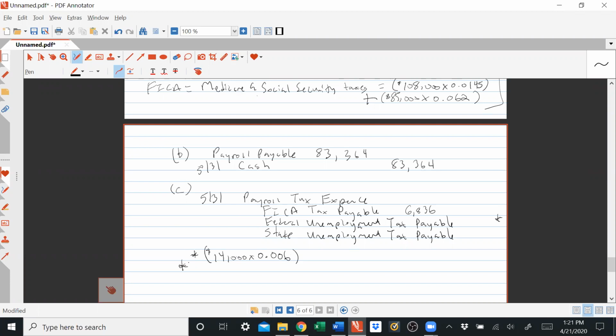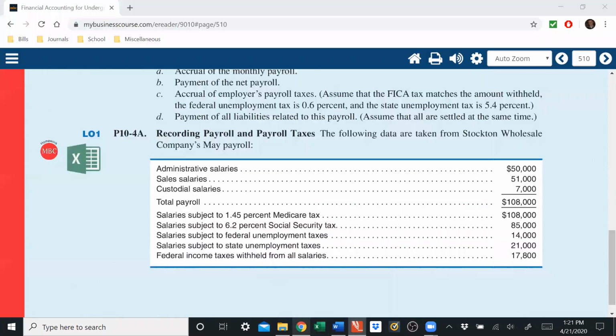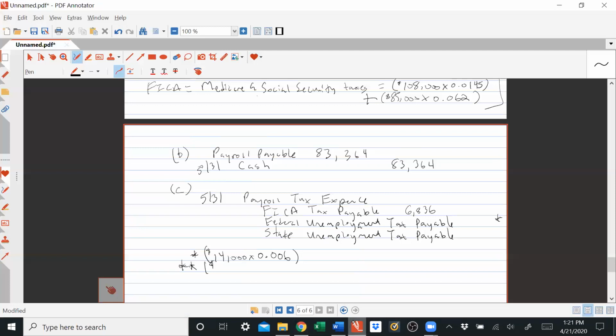And for the state unemployment taxes, it's the amount that's subject to the tax, which was $21,000, times the rate, which was 2%. 21,000 times 0.02. And that should give us our two unemployment tax payable numbers. So $84 for federal unemployment taxes that we owe.